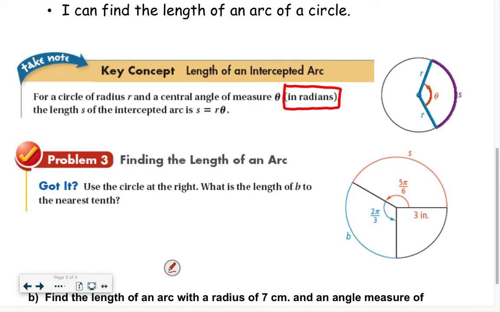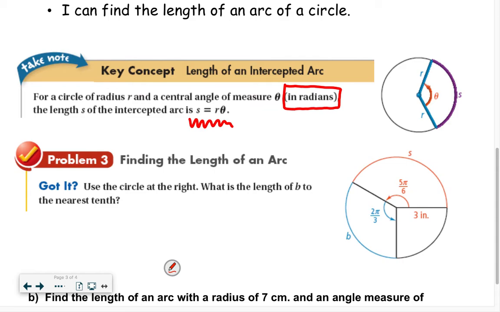Convert it to radians. That's also something we went over yesterday. Pretty much all it is is this little formula. S is the arc length we're trying to find. All we're doing is taking r, our radius, times the center angle. Again, always in radians.